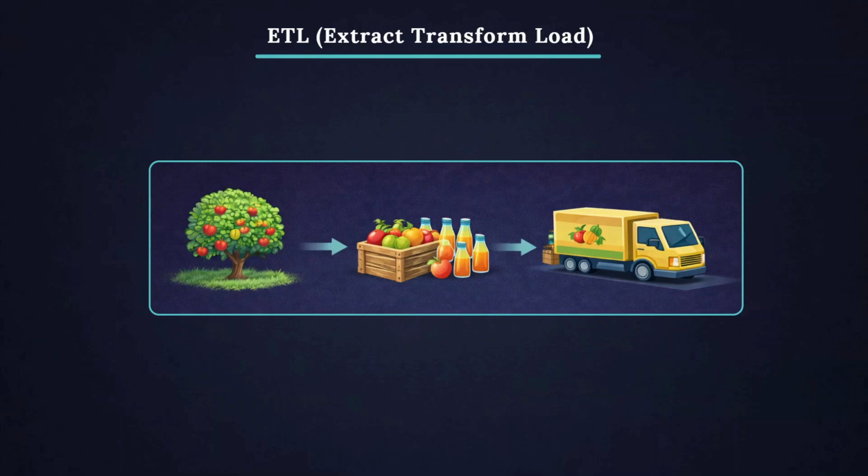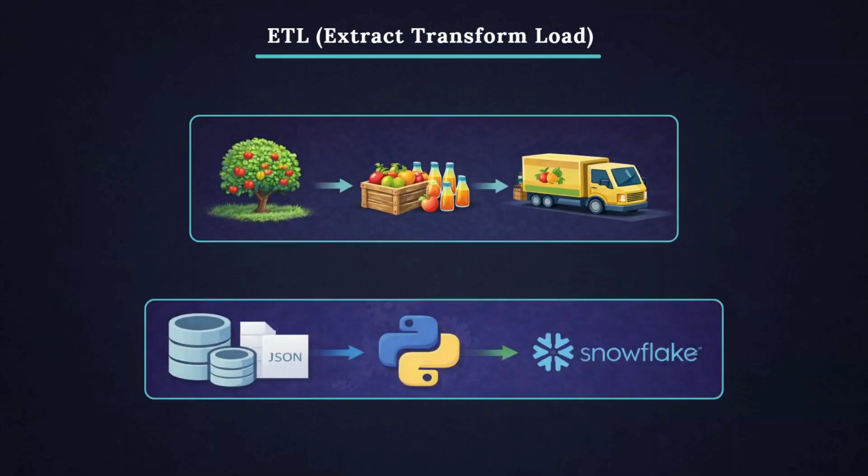Now, let's map the same idea to a real-world data pipeline. First, the data is extracted from the source systems. It could be databases, files, or JSON data. Next, the data is transformed outside the data warehouse, for example, using Python scripts to clean, join or reshape the data.